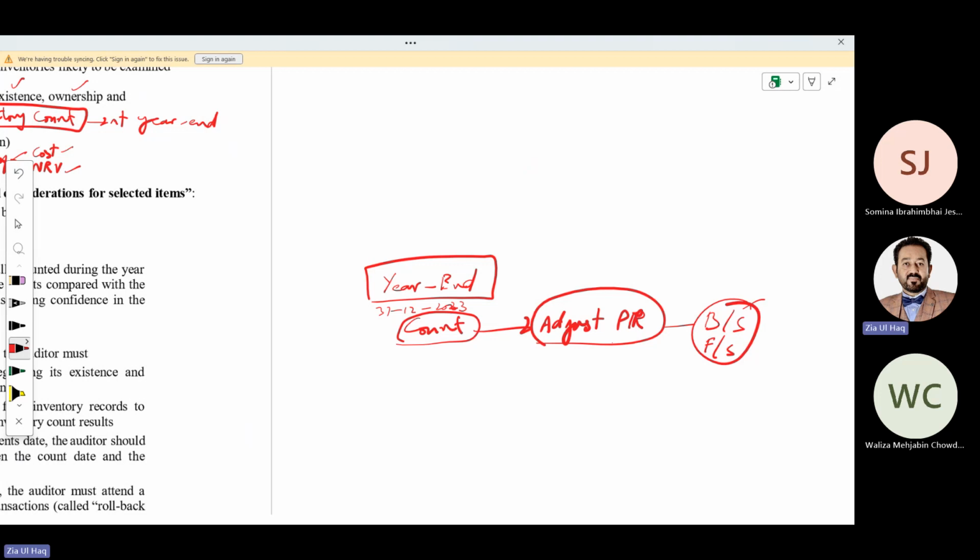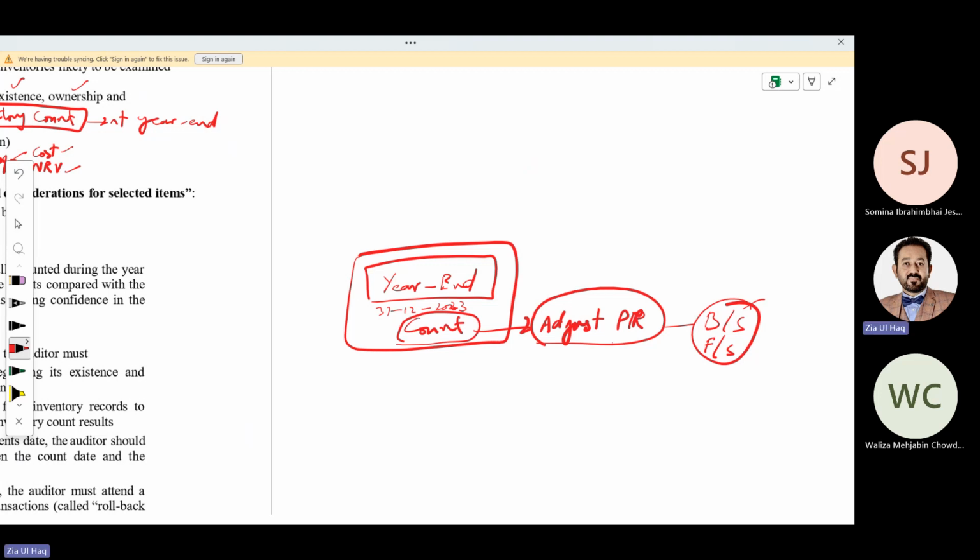In that case, the count balance going into the balance sheet is acceptable. But we need to request the client to perform a physical count at year end, and after the physical count, you need to adjust the PIR, because the main purpose of physical count is to adjust the PIR.